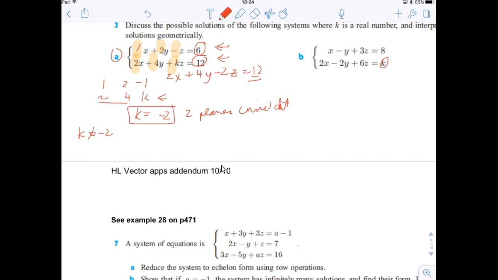So that means that the two planes are intersecting, right? Because if they're not parallel, they must be intersecting.